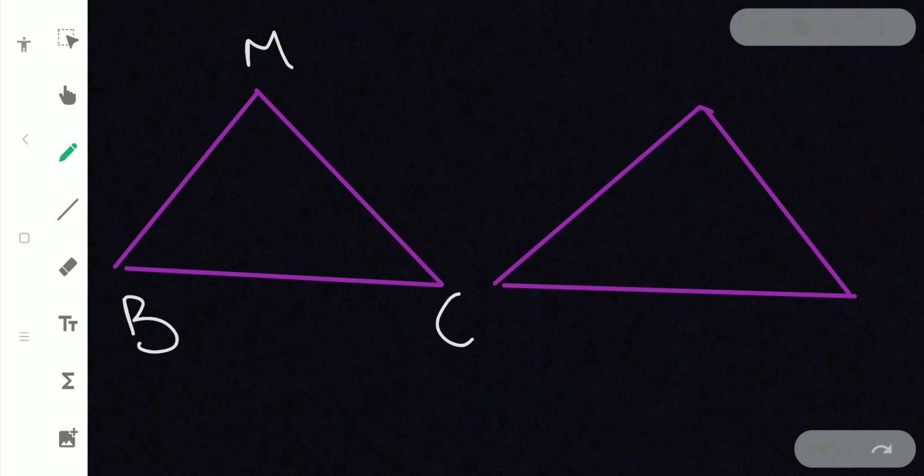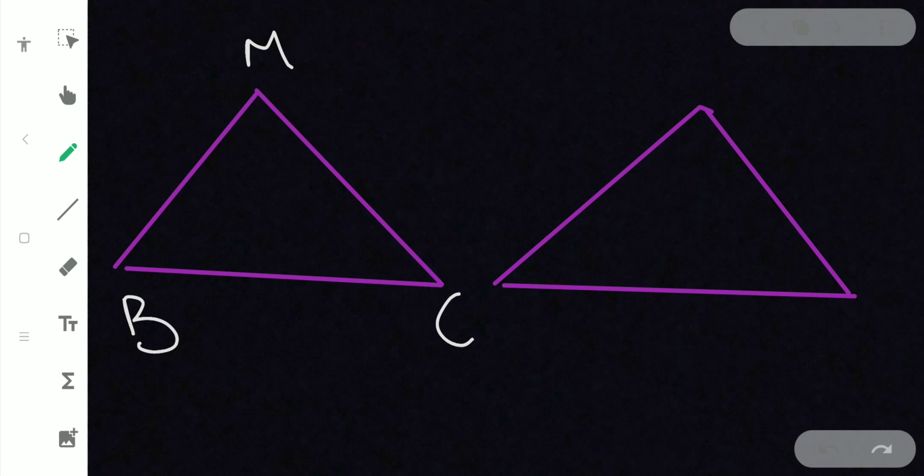So I am drawing here triangle BMC, and what else we are given is triangle CNB.